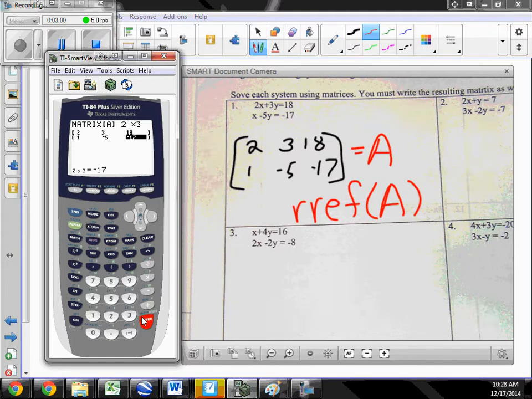So before we can plug this in, we need to exit out. So everybody push second, quit. And we need to find the RREF button. So once you've exited out, go back into matrix. And then you go over to math. And there are lots of calculations you can do on matrices. RREF is near the bottom.